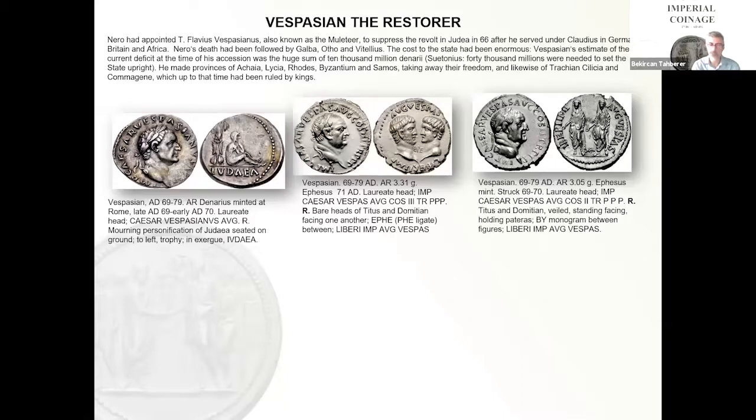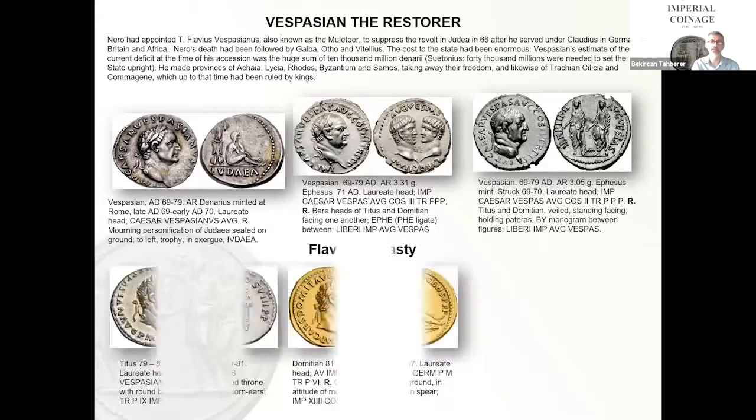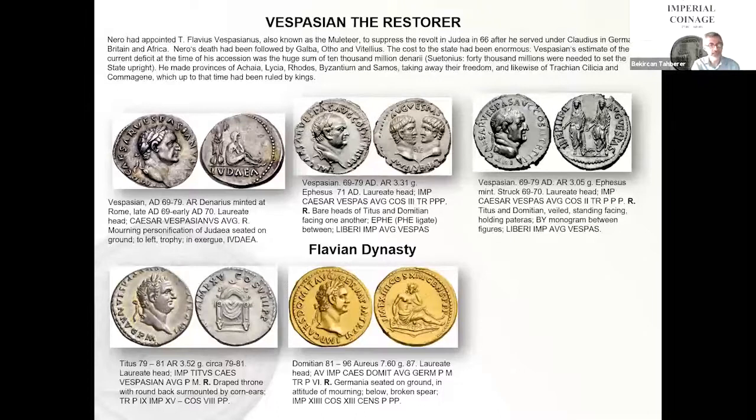And from the beginning on his coinage, we see that he advertises his dynasty. And sure enough, his sons, after he died, took the throne consecutively. Titus between 79 and 81, and Domitian between 81 and 96 were the emperors.